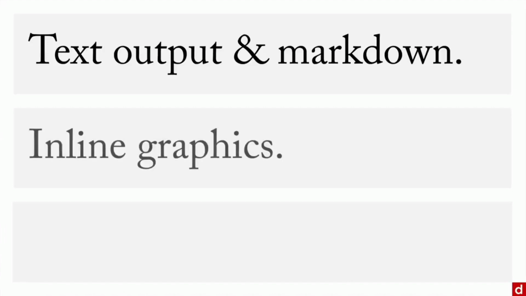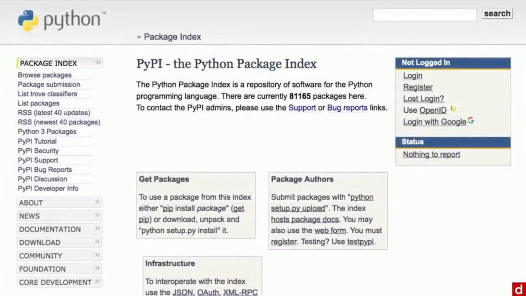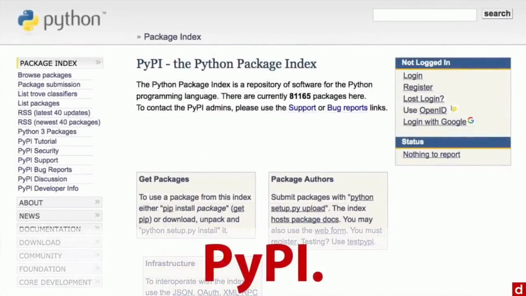You can get inline graphics where the graphics just show up directly beneath the code that you did it. Also, it's really easy to organize and present and to share analyses that are done in Jupyter, which makes it a strong contender for your choices in how you do data science programming.